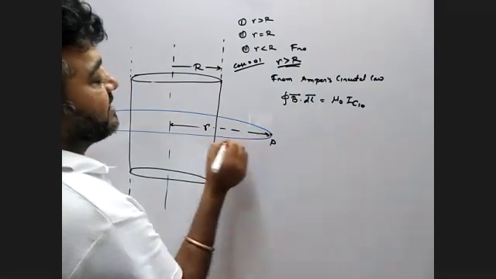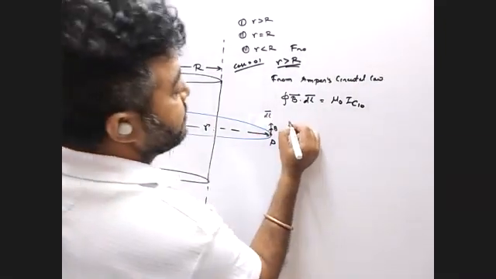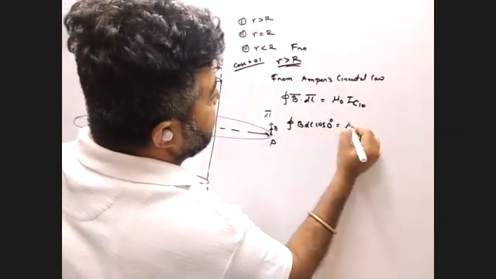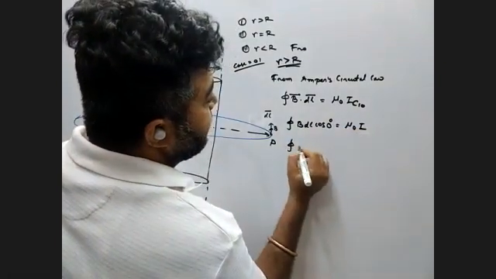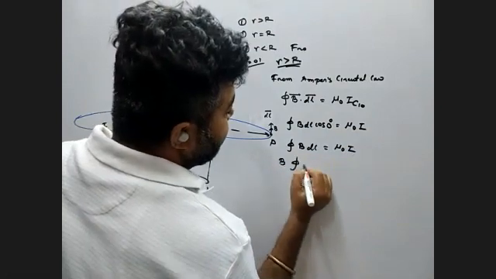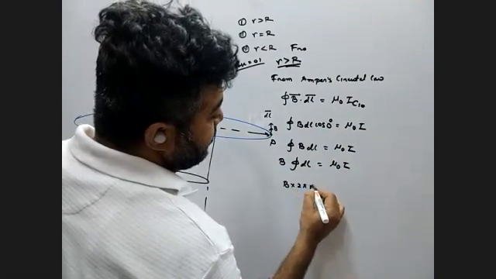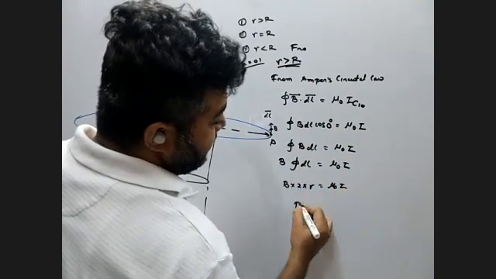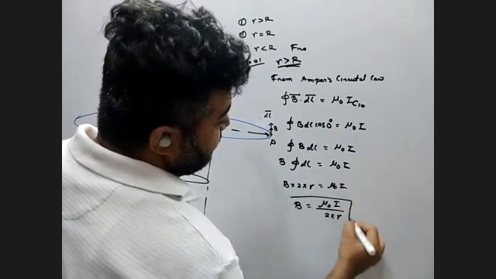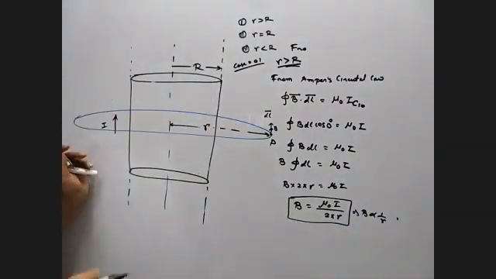And what is the angle between magnetic field and length vector? 0 degree. So B dl cos 0 degree, mu naught I, integration of B dl equals mu naught I, B into 2 pi r equals mu naught I, B equals mu naught I by 2 pi r, meaning B is inversely proportional to r. Clear, everyone?